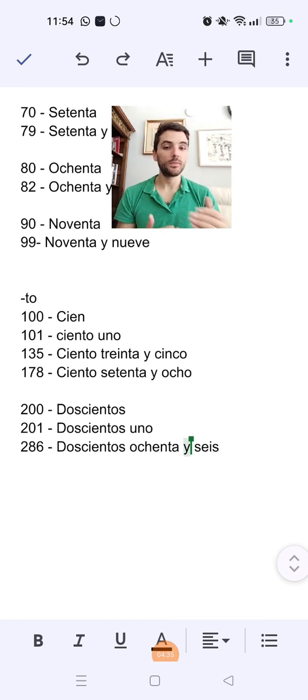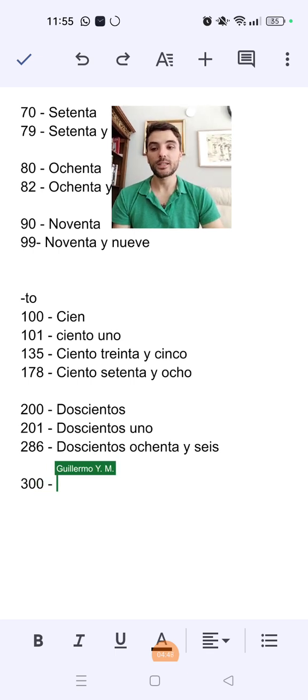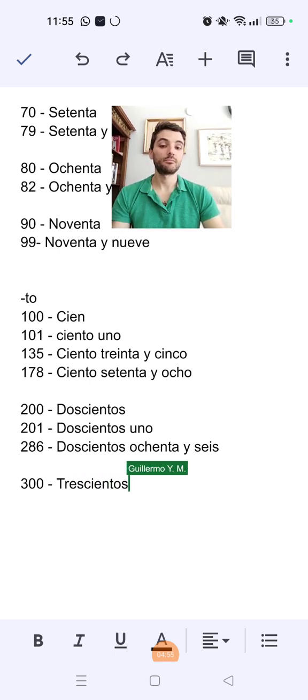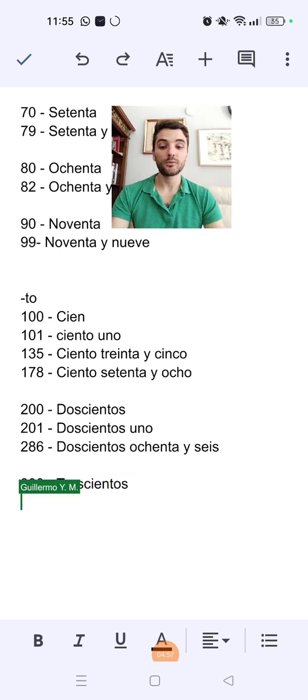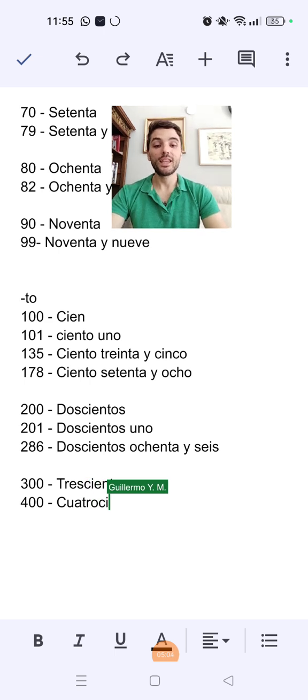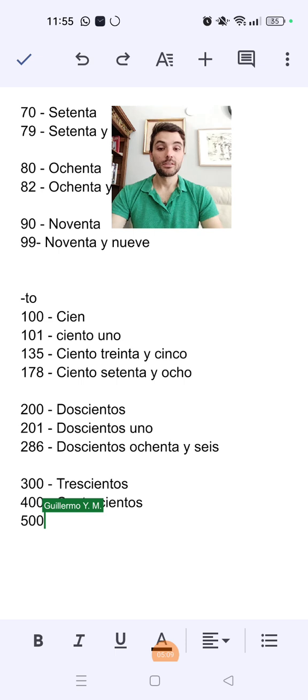So we just keep the same pattern, but we put 200 before, 286. All right, what about 300? You should be an expert right now. Just very easy. 300. All right. What about 400? 400. Easy, right?